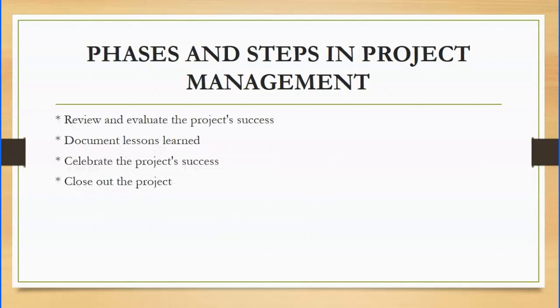You also review and evaluate the project's success, document lessons learned, celebrate the project's success, and close out the project. Once this phase has been reached, you see what you have learned in the project, celebrate the success with the project team, and review and evaluate what made you reach the end, and see if the deliverables have been met according to the initiation phase.